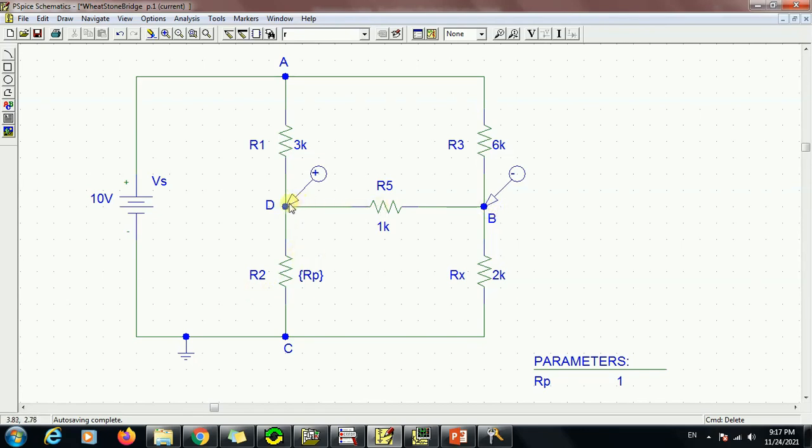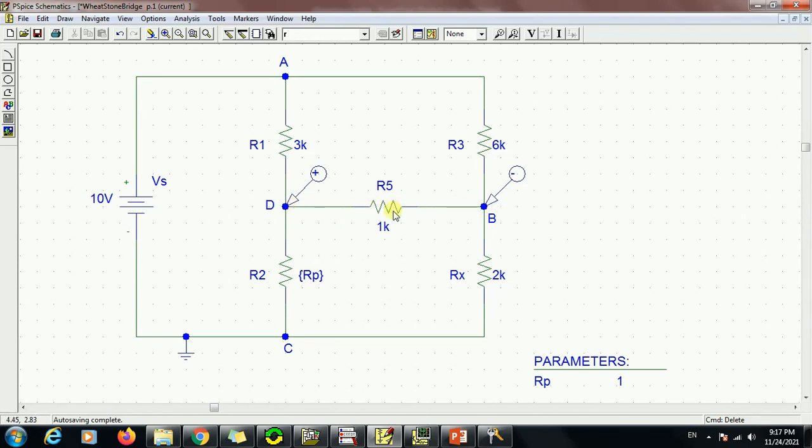So at the point of balance, the potential difference between these 2 points D and B should be 0, and no current will be flowing in this resistor R5, and the voltage drop across this resistor will be 0.